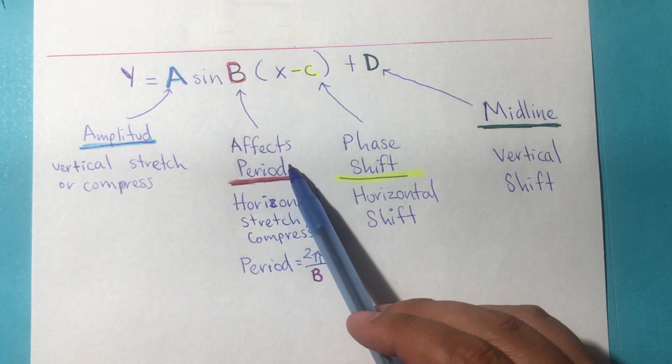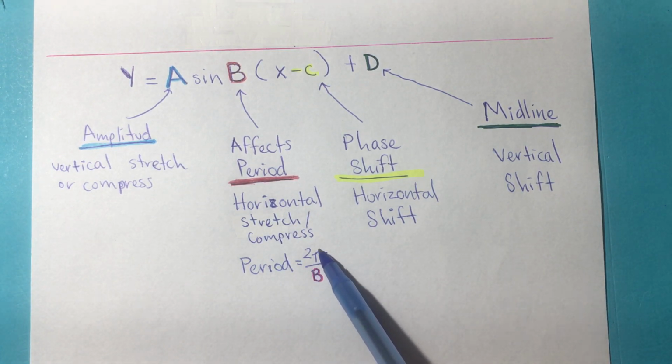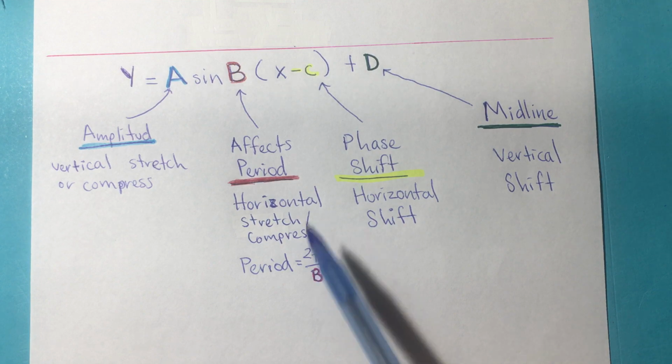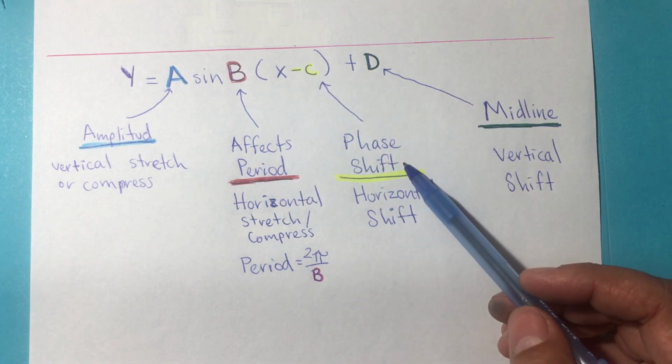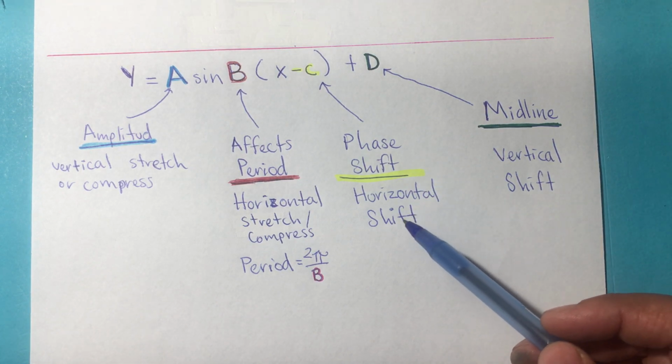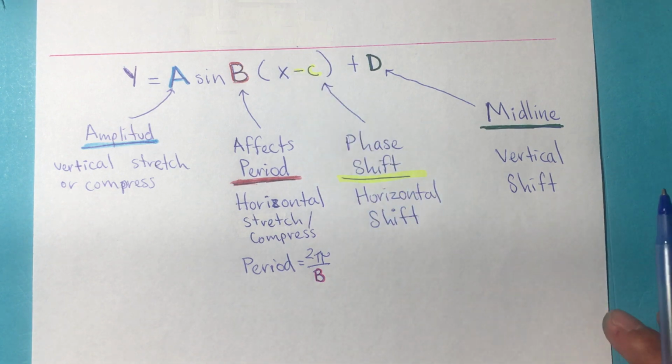The period is defined by 2 pi, which is the whole circle, divided by that value. And C is the phase shift, which is the horizontal shift, meaning moving left or right, which is the opposite. That's why it has a negative.